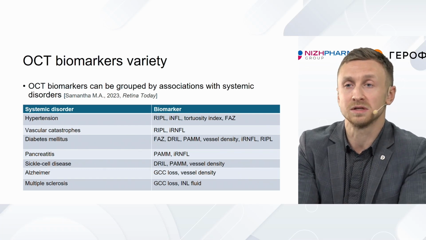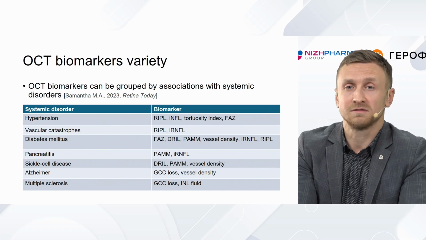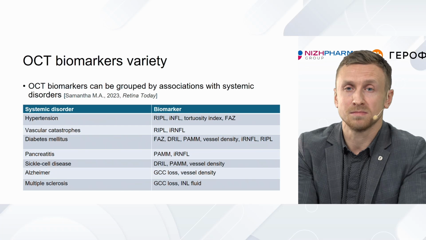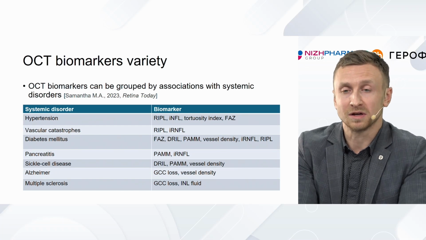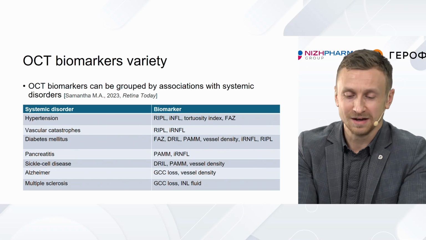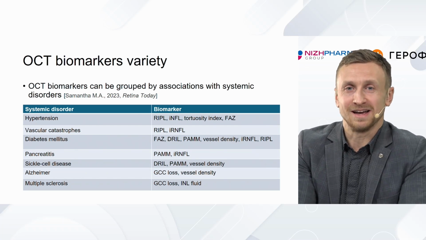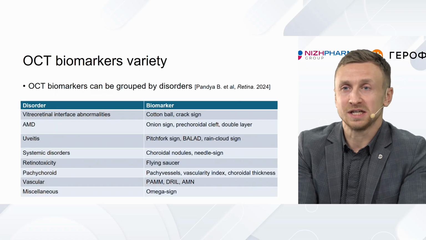This is hypertension, vascular catastrophes, diabetes mellitus, neurological conditions, Alzheimer, multiple sclerosis. And by the way, the accumulation of OCT biomarkers is offered to use the term OCT omics, oculomics and OCT omics, two new terms.